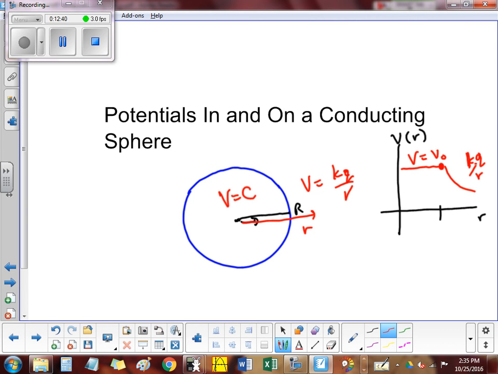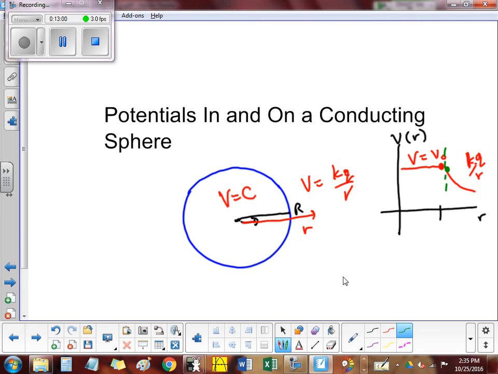Okay, any questions on that? Now the question might come up also, is there an asymptote here, or is this actually a starting value? That's an excellent question. It gets into the question of what's happening right on the surface.